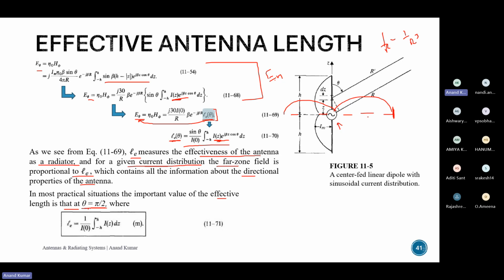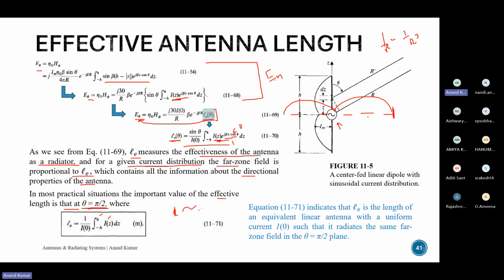For most cases, it is theta equal to pi by 2, and if you put pi by 2 over here, this cos term becomes 0, and this e power entire thing becomes 1. So we have L equals 1 upon I naught times the integral from minus h to h over the physical dimension of the current distribution. So L effective is essentially some function of the current distribution over the physical length of the antenna.